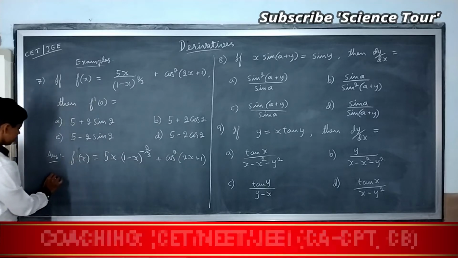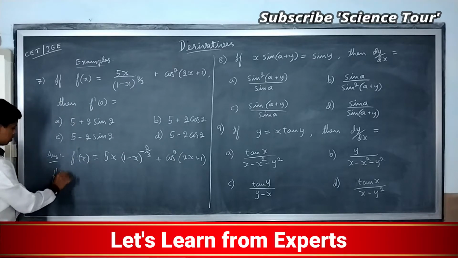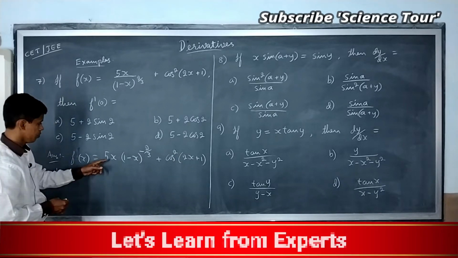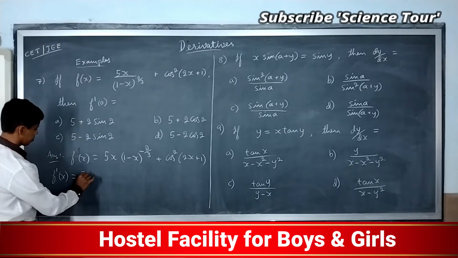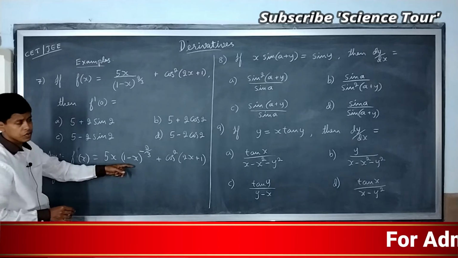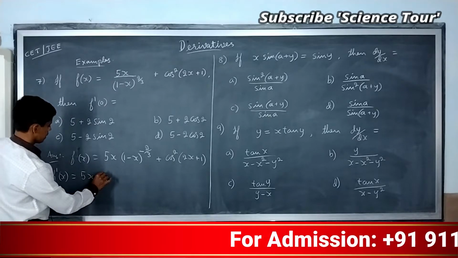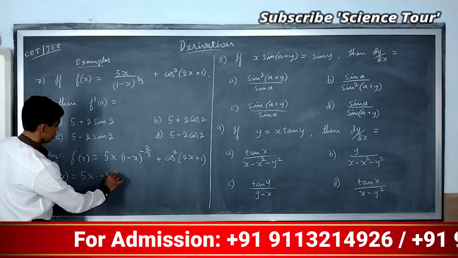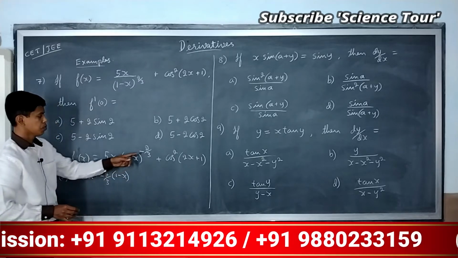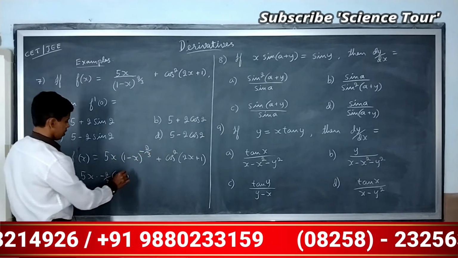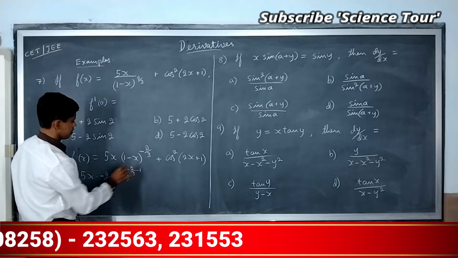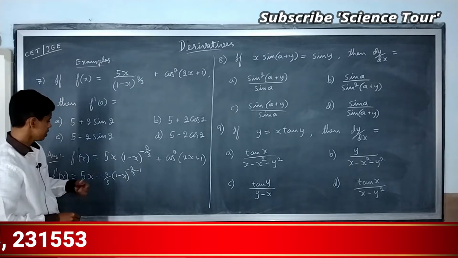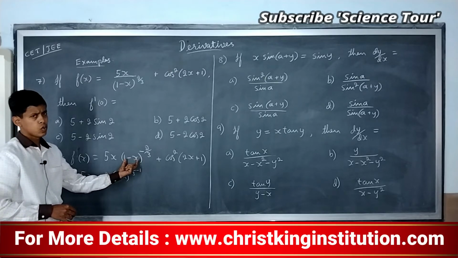Now let us differentiate this. So f dash of x is equal to, use the product rule, so 5x and then derivative of this is minus 2 by 3 into 1 minus x to the power minus 2 by 3 minus 1. Let me write that, and next step we can simplify into derivative of 1 minus x.